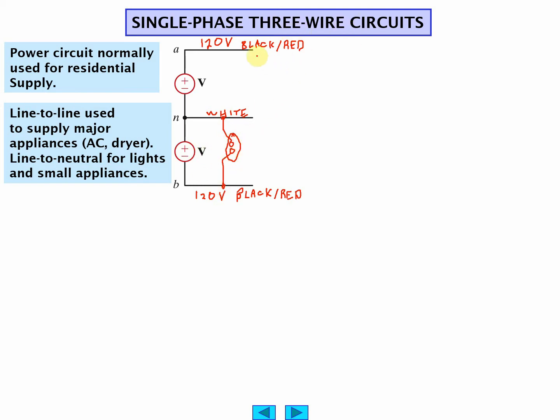Now for your washer, dryer, air conditioner, ovens, things like that, this is 240. There's a potential difference of 240 volts between these two lines. And this is what you have your AC on. Dryer, a heater, oven, and so forth.